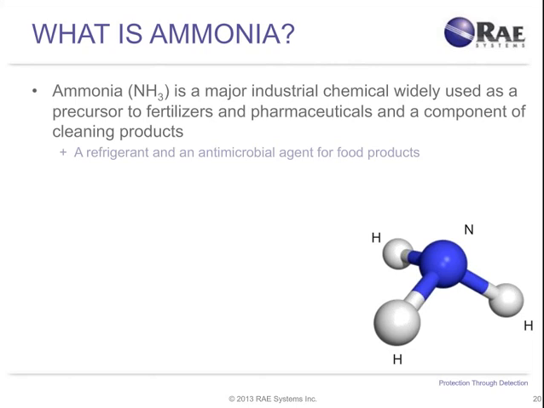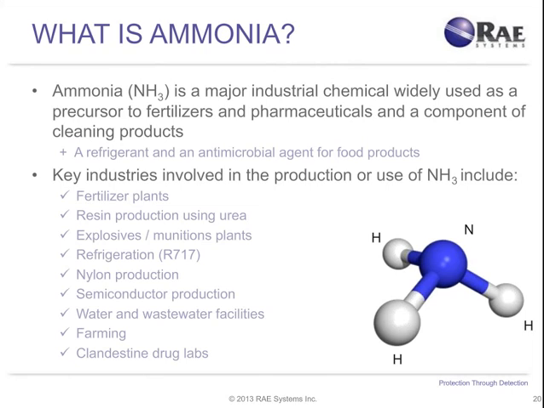Now, ammonia is also a major industrial chemical, and it is used to produce fertilizers, pharmaceuticals, different refrigerants, and as an antimicrobial agent for the food industry. There are a lot of different industries involved with ammonia. It's a very widely used chemical.